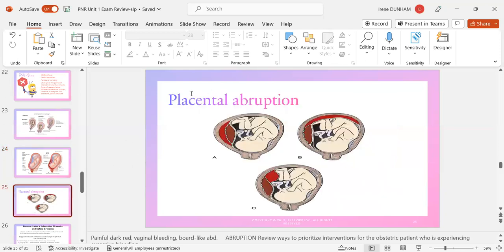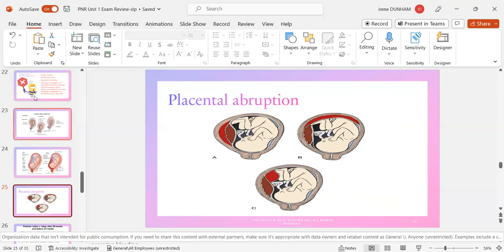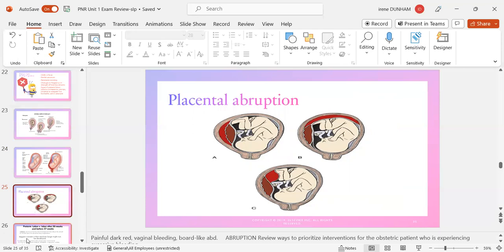And again, this is just another picture of placenta abruption, and you can see where it shows a board-like structure. See how different the abdomen looks. And that's what you want to know. And again, I talked about already, the dark red bleeding.